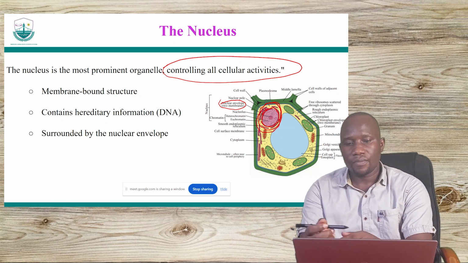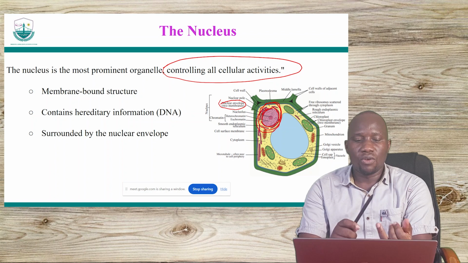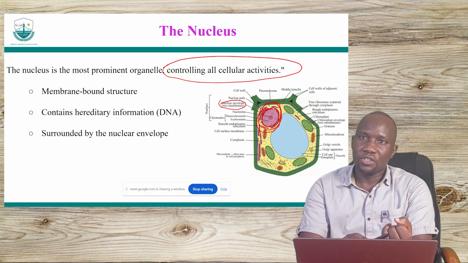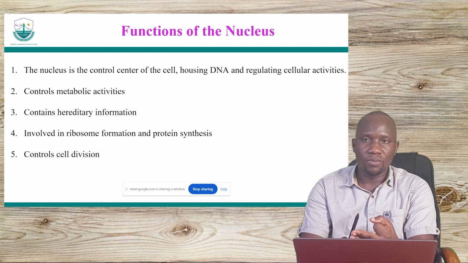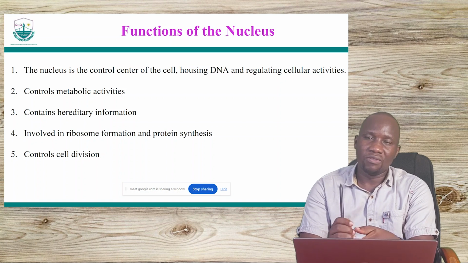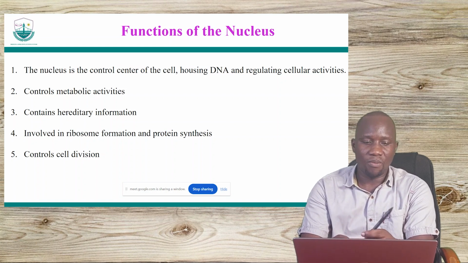Okay, so the nucleus contains the genetic material. It controls all the chemical activities that take place inside the cell, and then also, since it contains the genetic material, it is responsible for carrying and even storing the genetic information.